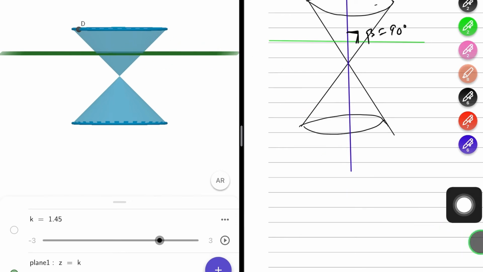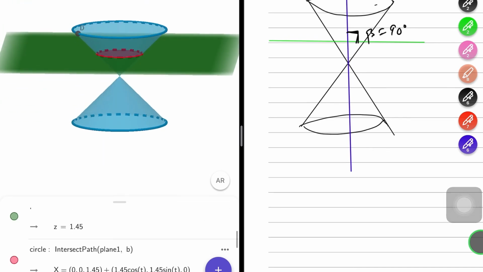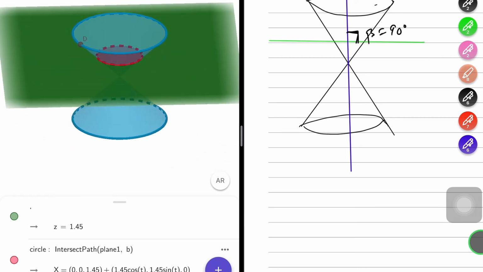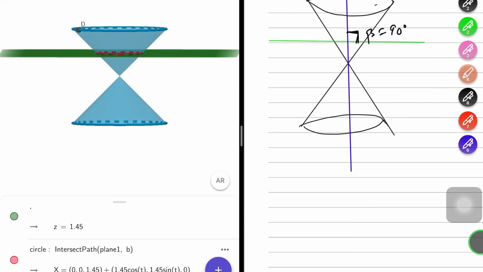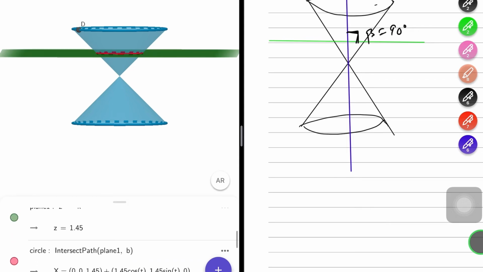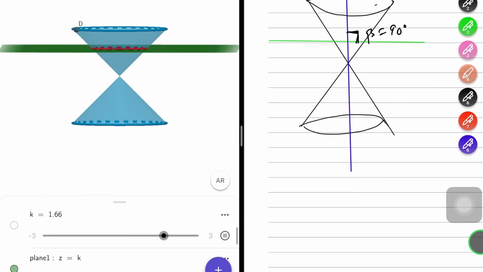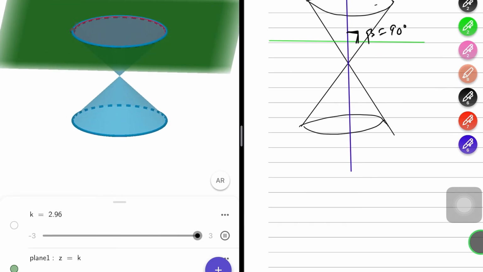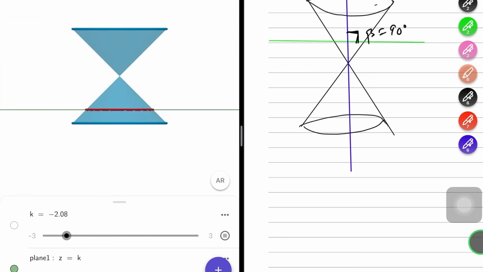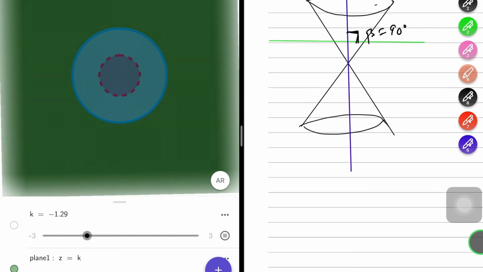In this case, let's see what the intersection is. We observe that the intersection of a plane and a cone is a circle. Let's move the position of the plane. As we move the position of the plane with respect to the cone, we are getting circles of different radius. This is a perfect circle.